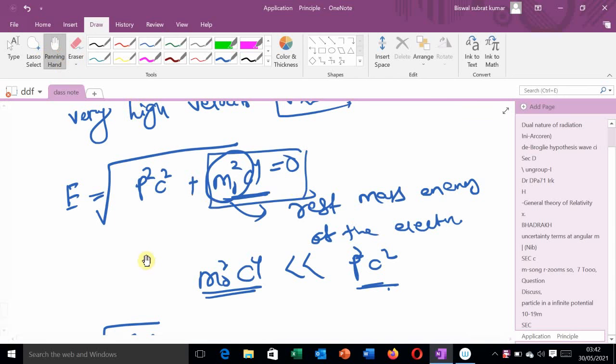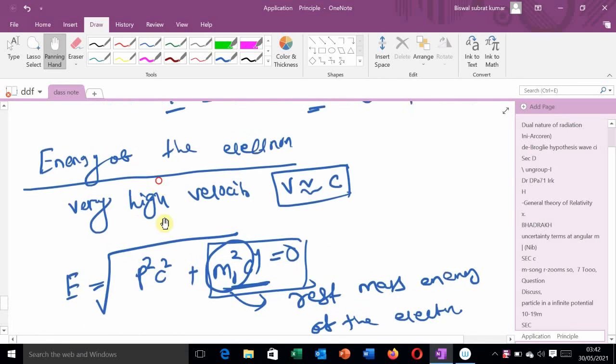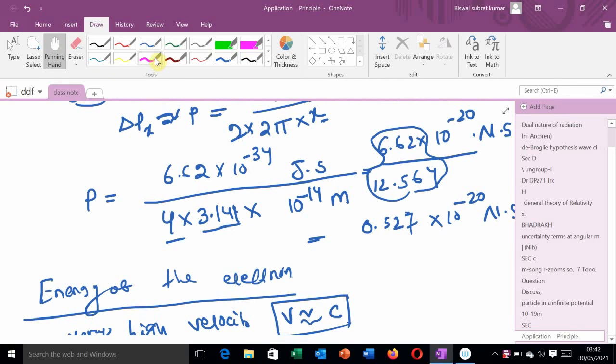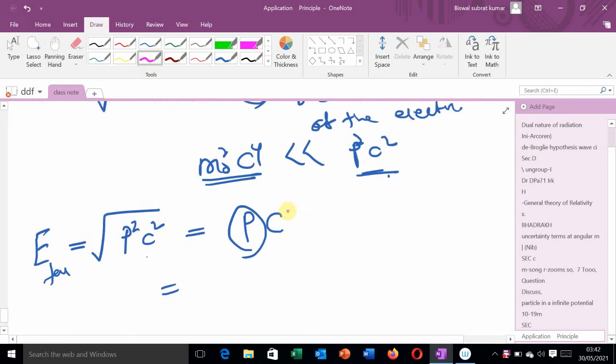Now the total energy became P times C, and we have already calculated P. So you can put in the value of P and C, where C is the velocity of light.